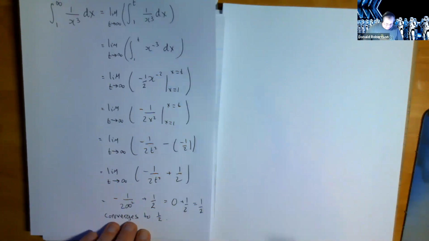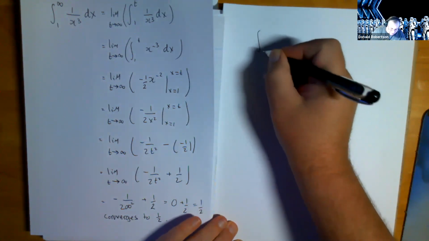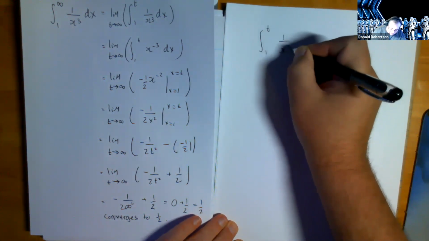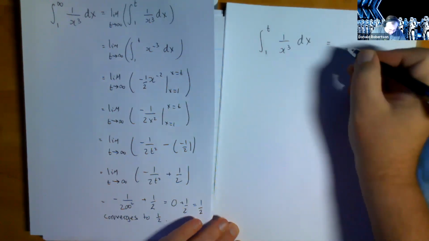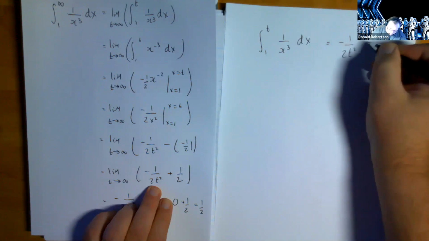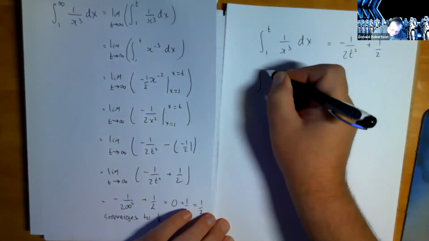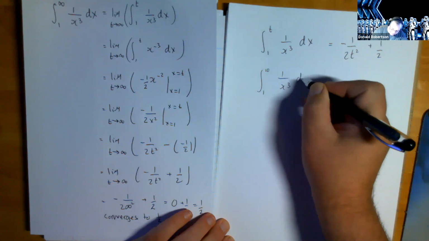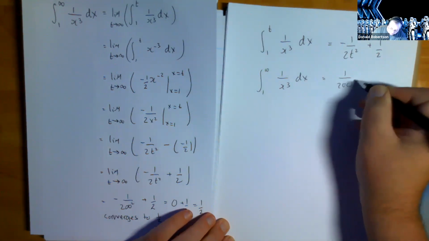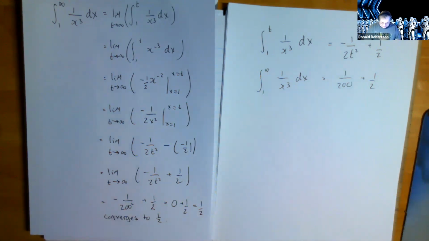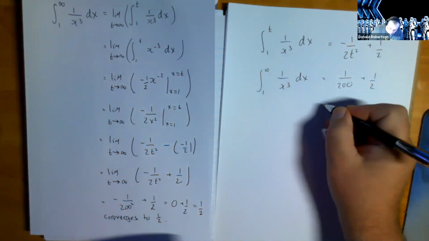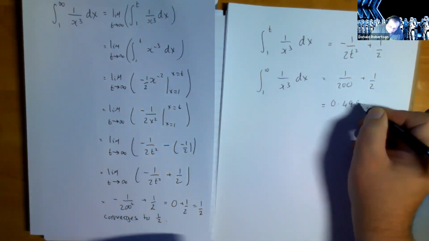Well, let's try and prove to you in a pseudo kind of way that that actually works. If you find the integral from 1 to t of 1 over x cubed dx, just that bit, the answer ends up being negative 1 over 2t squared plus a half, agreed? Right, let's change t to 10. Well, that would be negative 1 over 200 plus a half, which is 0.495.